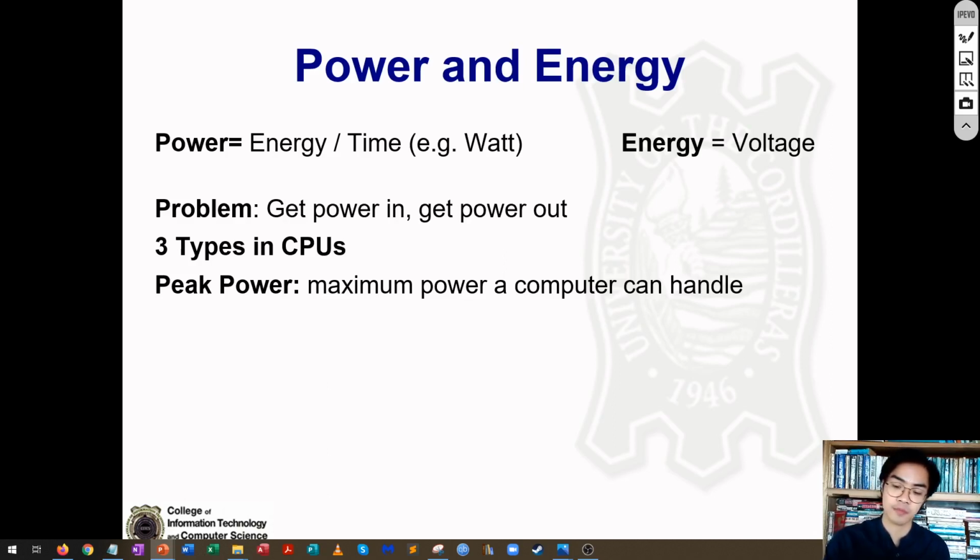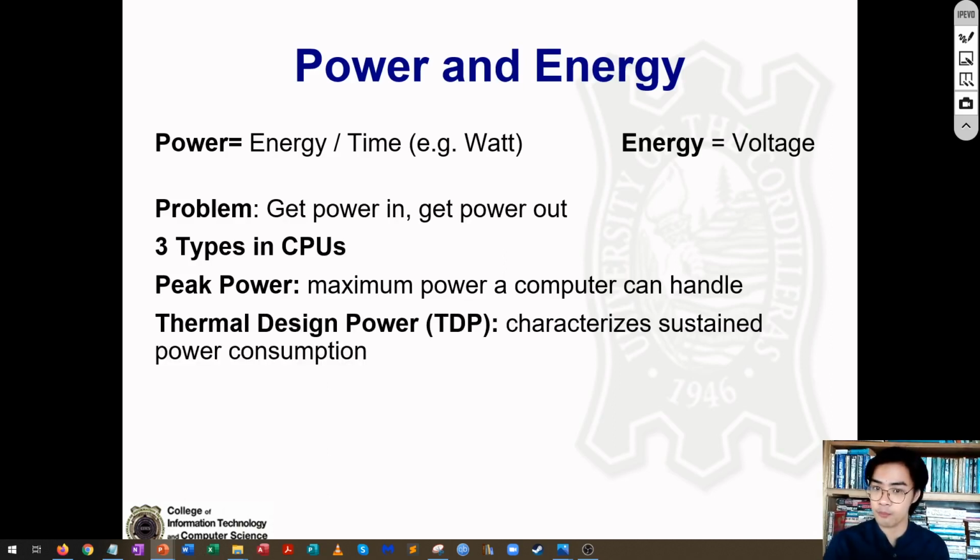So very simple. The next one is much more important. It's your TDP, or your thermal design power. Thermal design power is characterized by sustained power consumption. So this is power consumption that goes on for a certain amount of time, considering the different tasks that your computer does.